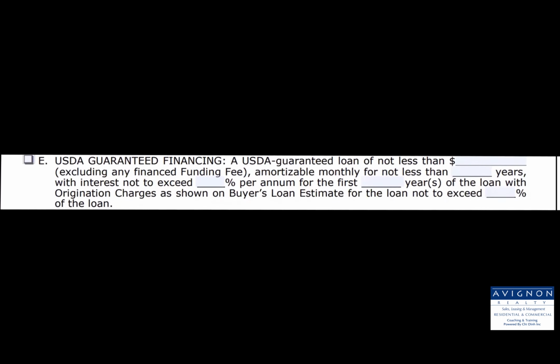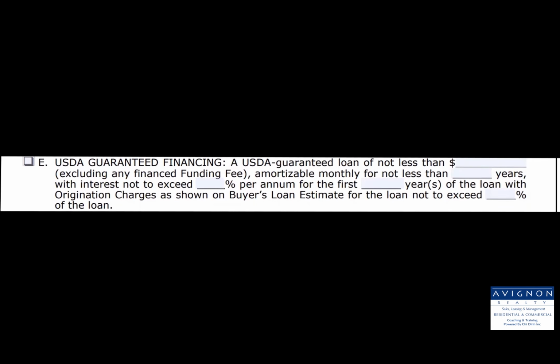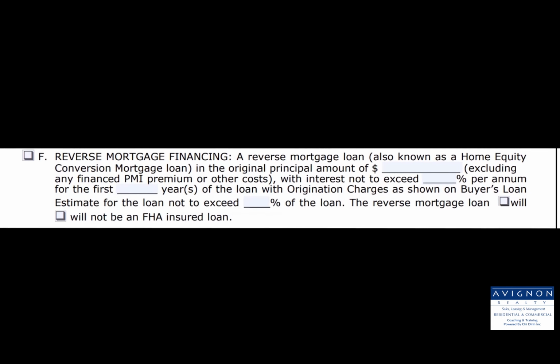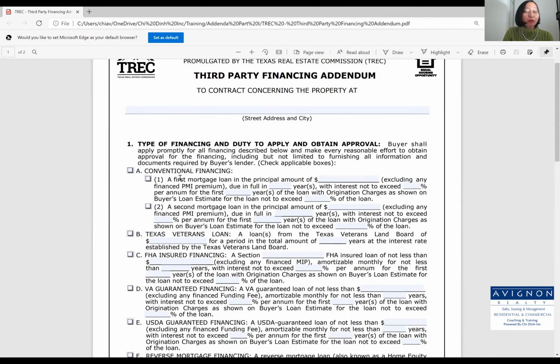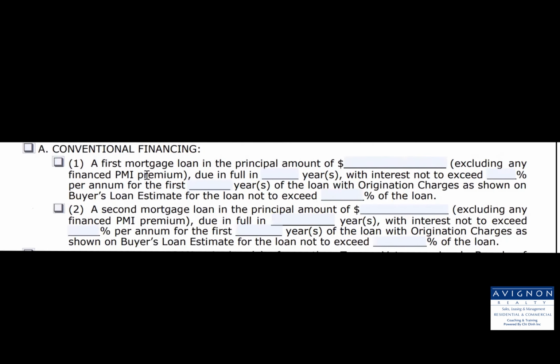Then there's the United States Department of Agriculture Guarantee Financing. Last, reverse mortgage financing. And the most common type of financing available to buyers, that most buyers may end up with, is conventional financing.